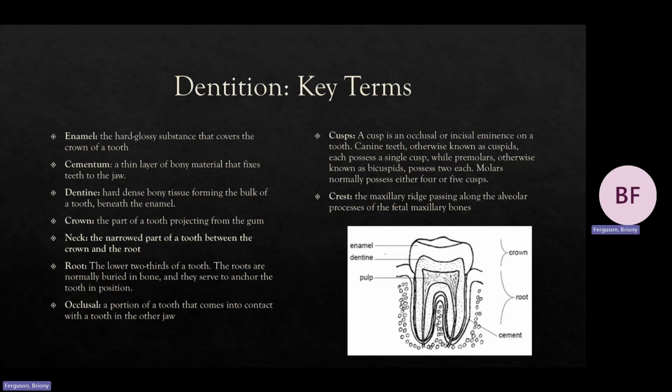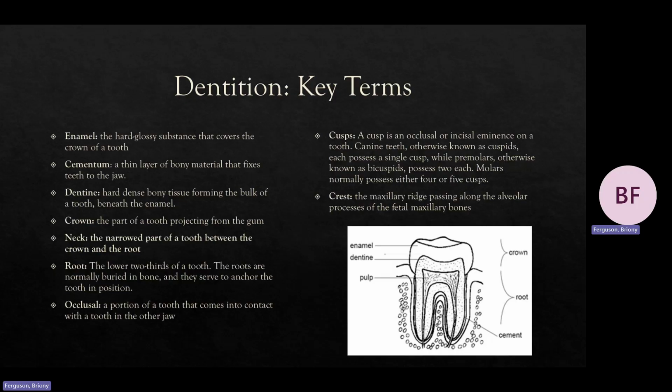Now, molars often possess either 4 or 5 cusps. Sometimes you will see molars that have more cusps. This is sometimes due to medical issues, as well as just other genetic factors. Occasionally, you will see molars that have less than 4 cusps, but that's a little bit more rare. But the average human, quote unquote, has 4 or 5 cusps.